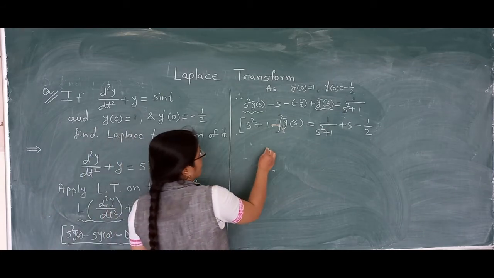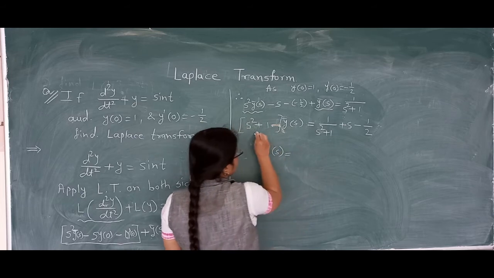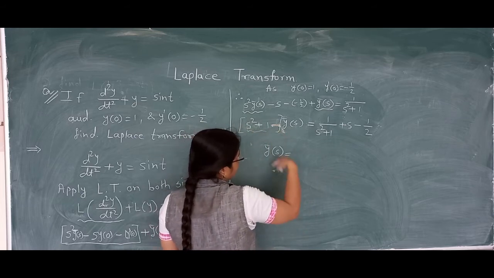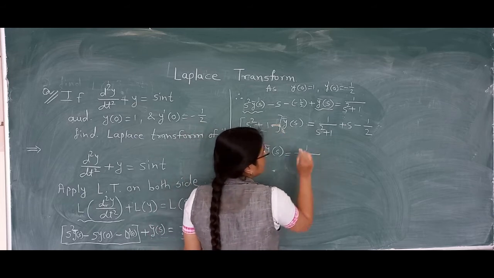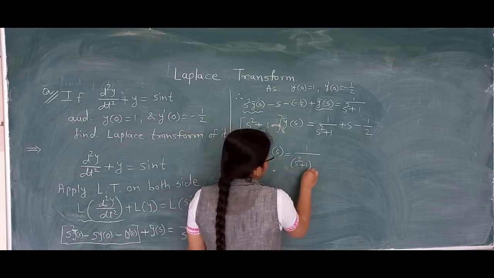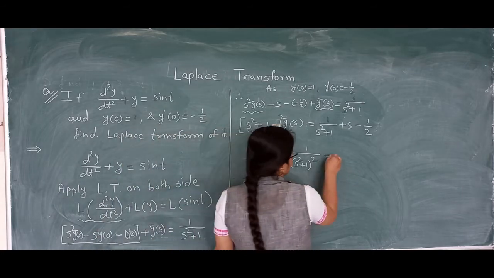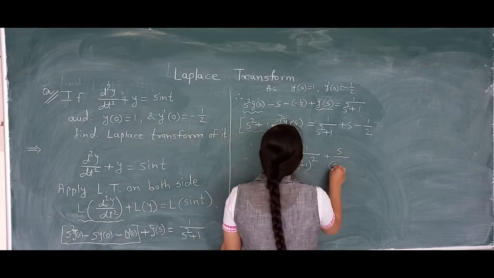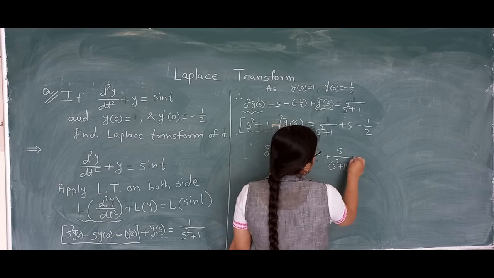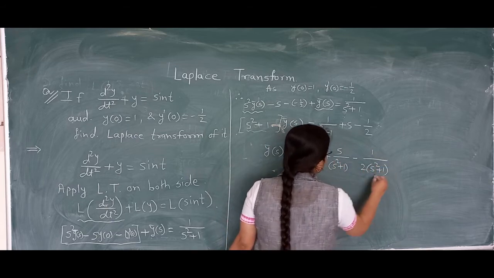So again simplifying this, we get y bar of s equal to, now this is in product, shifted to the right hand side, it goes into the denominator. So it will be s square plus 1 whole square, plus s upon s square plus 1, minus 1 upon 2 into s square plus 1.